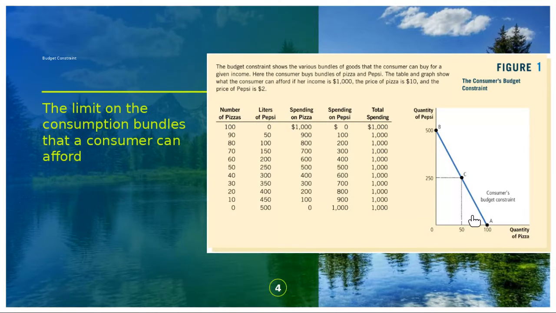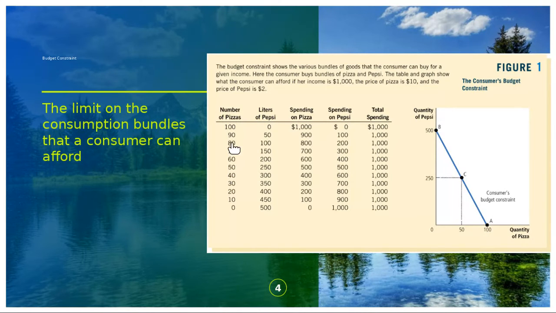Basically, the budget constraint is telling us this is every single possible combination of pizza and Pepsi, given that we can spend $1,000 combined on both goods. So for example, if we only wanted to buy pizza, since pizza costs $10, we could purchase 100 pizzas. So our total spending for 100 pizzas would be $1,000. That's how we get point A.